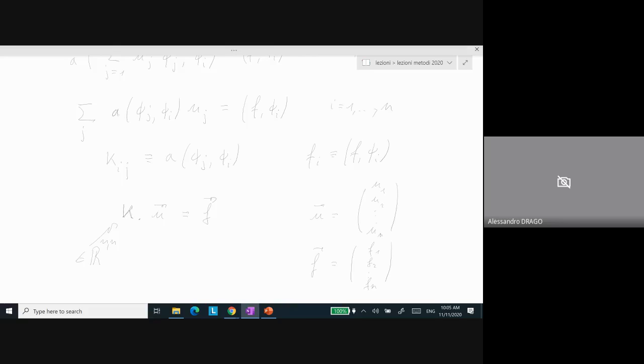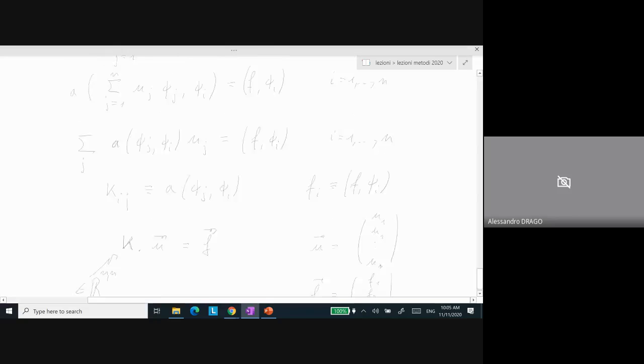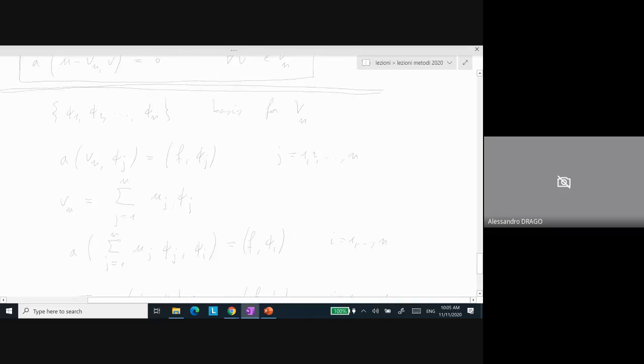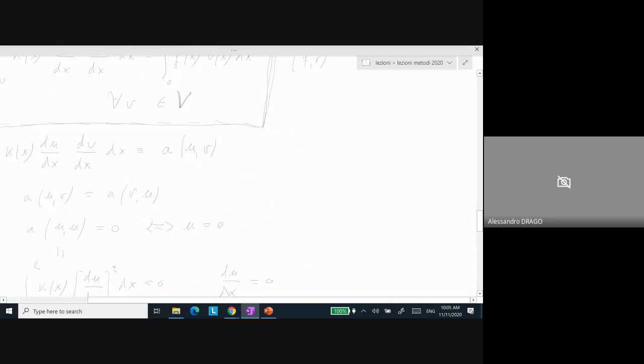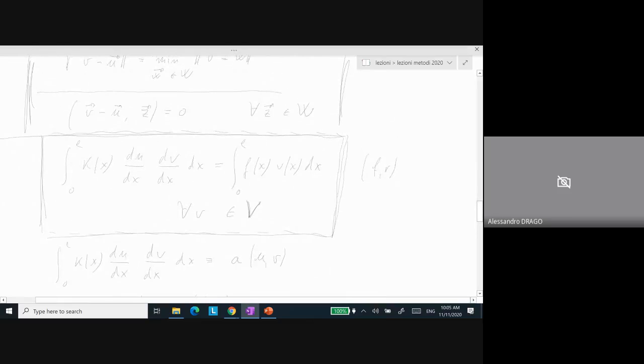We have rewritten it as a weak version of it, and instead of trying to solve this problem within, let's say, L square, we are now saying, let's restrict ourselves to a subspace, maybe of finite dimensionality, so that we will be able to numerically solve it.